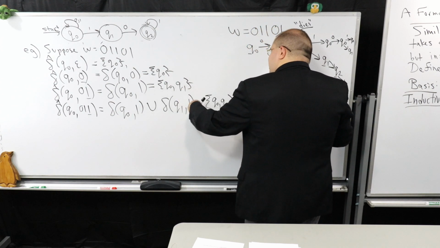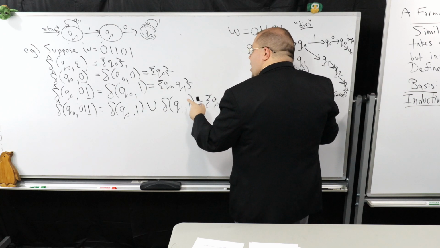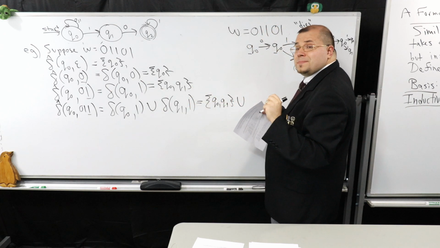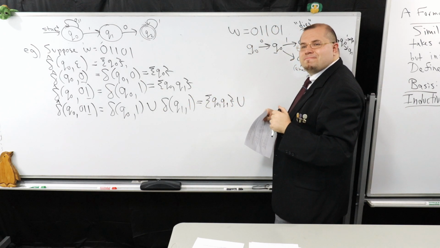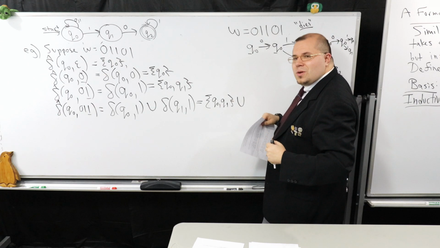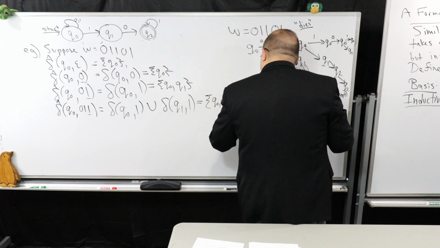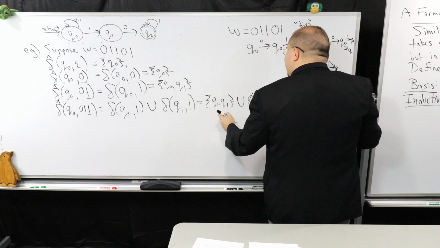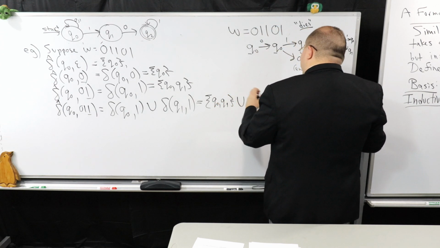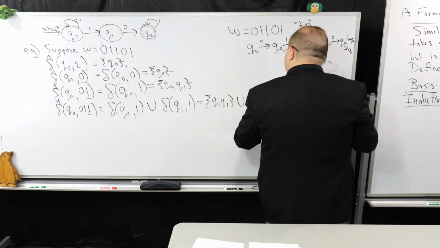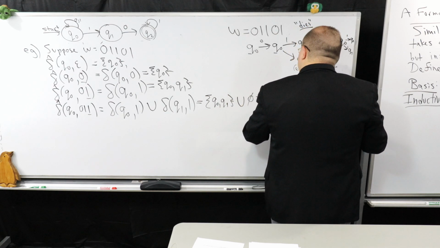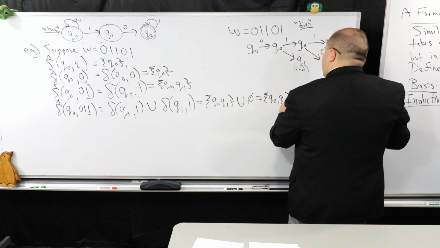What's the transition on state Q1 given 1? Empty. Yeah, it's the empty set. Perfect. So the union between Q0, Q1 and the empty set is just Q0, Q1.